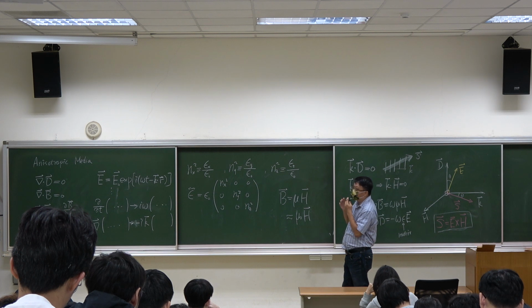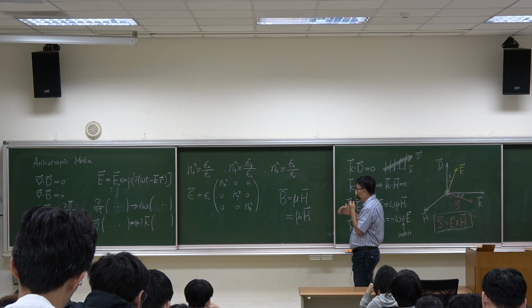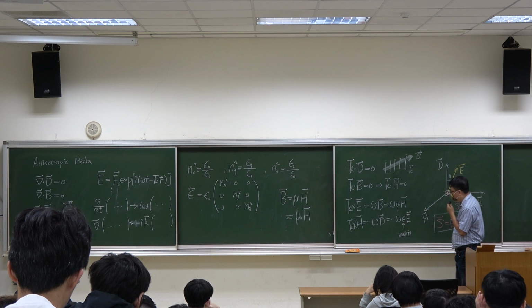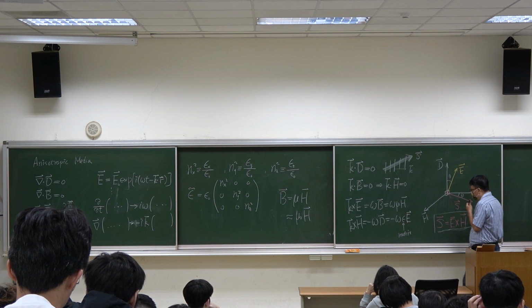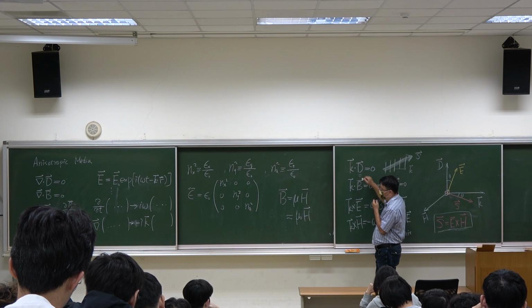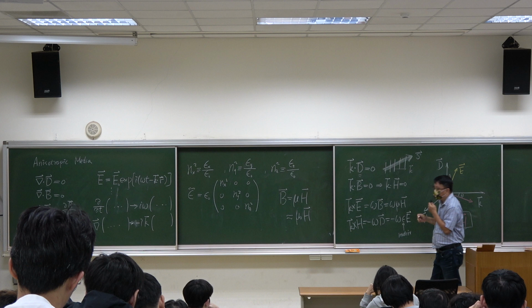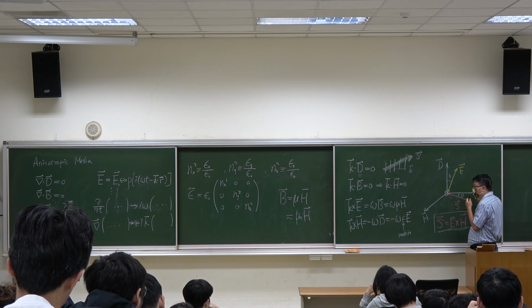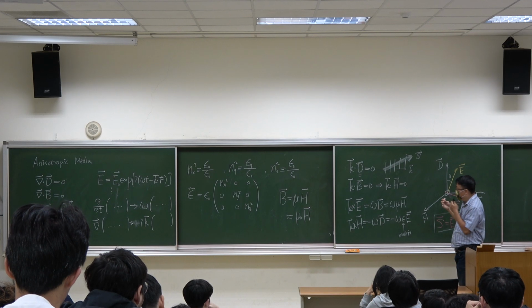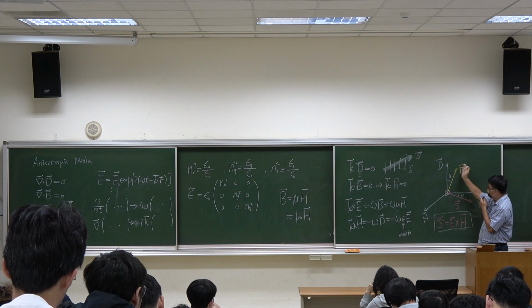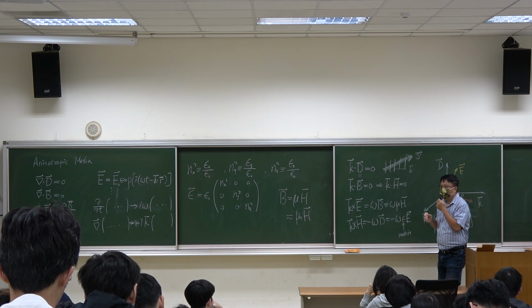Okay, and so usually we say electromagnetic waves are transverse waves. In what sense do we say that the wave is transverse? If you are talking about the D field, that is correct. D is perpendicular to K, so it is a transverse wave. However, if you are talking about E, this is not certain.